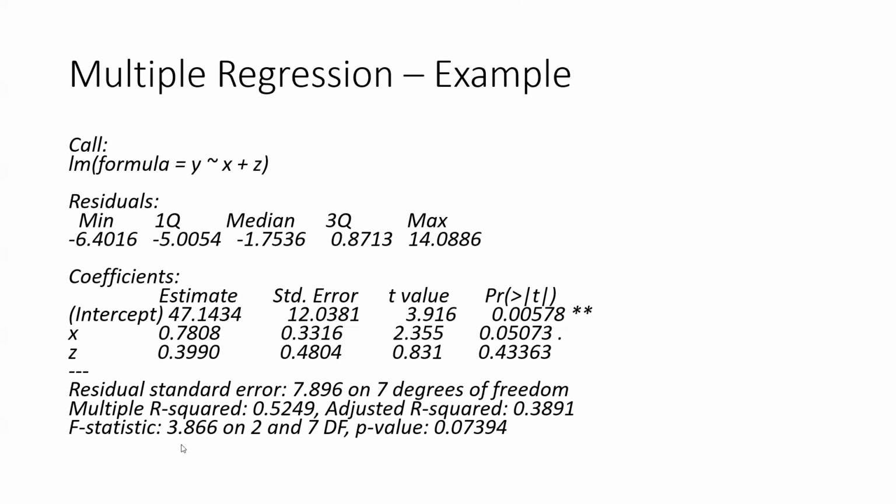What we're looking at particularly here is this intercept value, the value here for the coefficient X, and Z, because we have Y, X, and Z. Y is our dependent variable, X and Z are our independent variables.